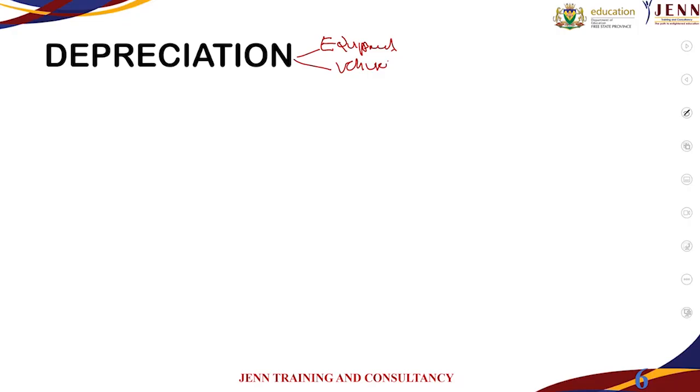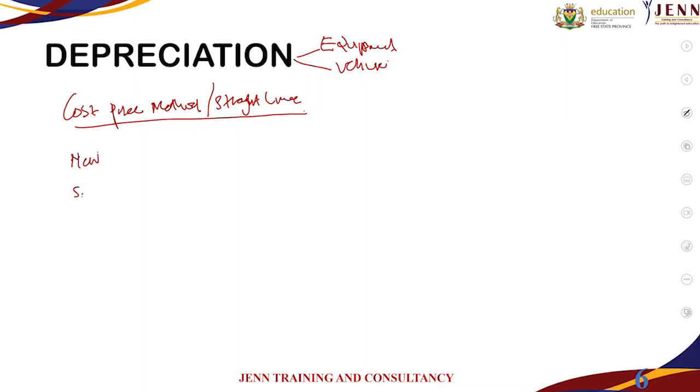The first method is the straight method, that is the cost price method, which is sometimes called straight line. Now, in terms of the cost price method, we always have to look out for equipment that is new, sold, and unsold.